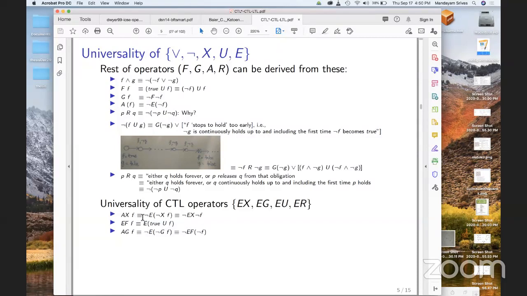A X of F: not X of F is true if it's not the case that in the next state X of F can be false. Here I'm using these equalities to push the negation through, and then I can get it as E X.